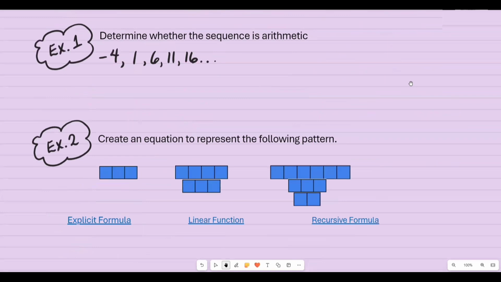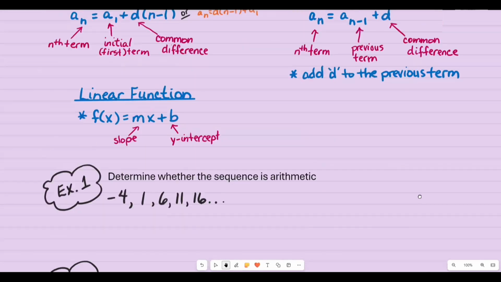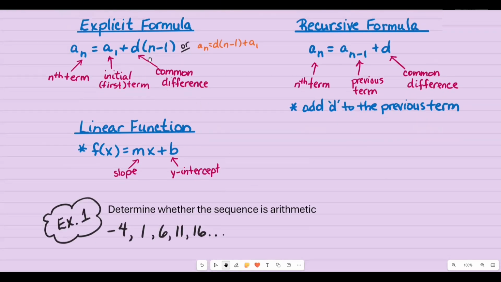So the first thing we're asked is to determine whether or not the sequence is arithmetic. And in order to determine that, you need to know whether or not there is a common difference. The common difference can be found by either adding to see if I'm adding the same number each time or going backwards and subtracting.